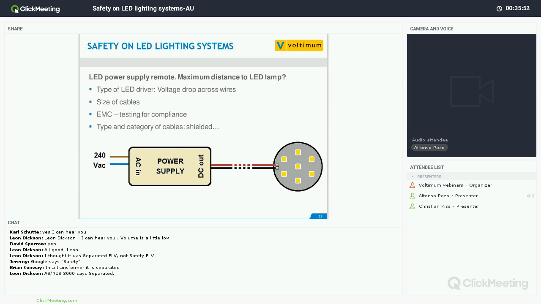So if remote mounting of the LED driver or drivers is necessary, always refer to the manufacturer of the luminaire to see if it's possible and the considerations or requirements to follow in order to comply with regulations. And obviously, as we always say, ensure that this type of job is carried out by professional electricians.